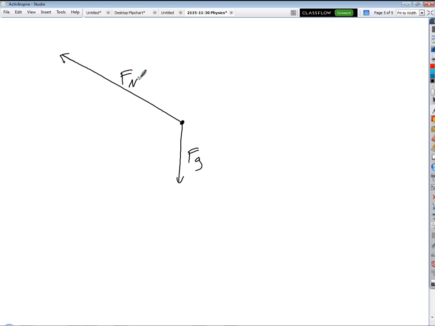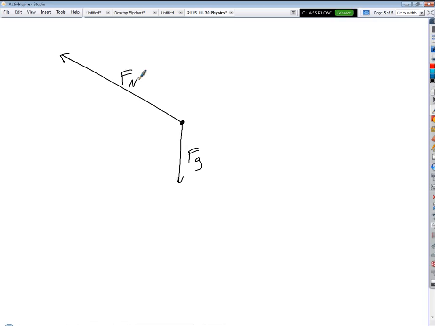What about after the football leaves my hand, it's going through the air? How's that going to change it? What do you think? Nicole, you got an idea? Is it going to be the same? Not going to be the same. If we ignore air resistance and friction, how many forces are going to be acting on it once it leaves my hand?